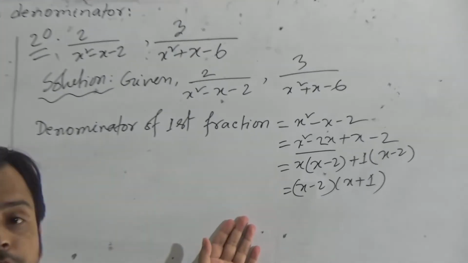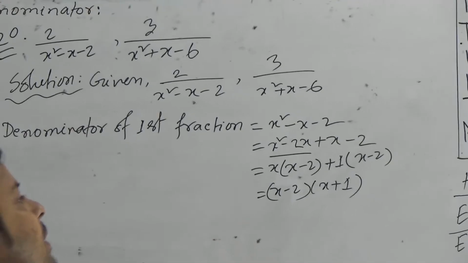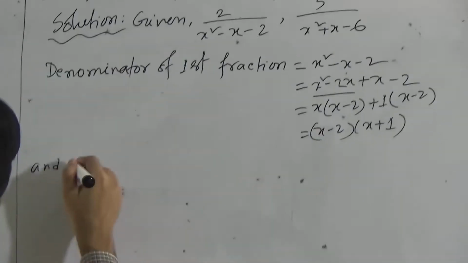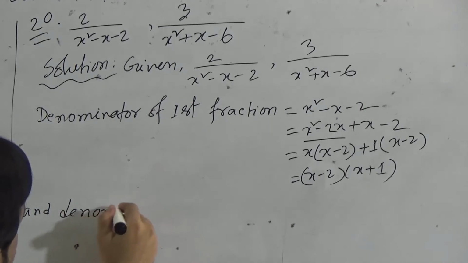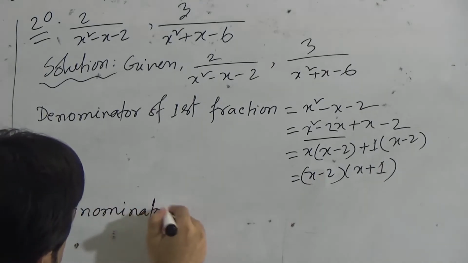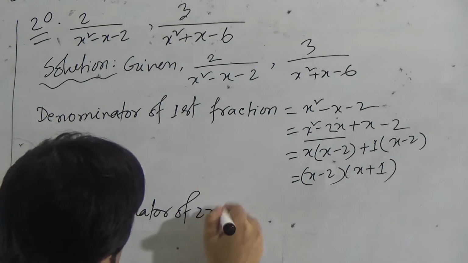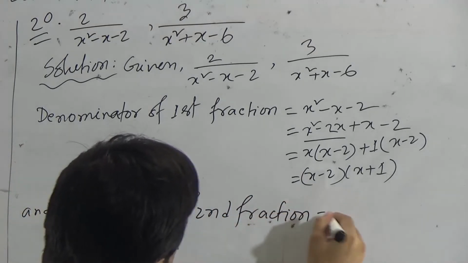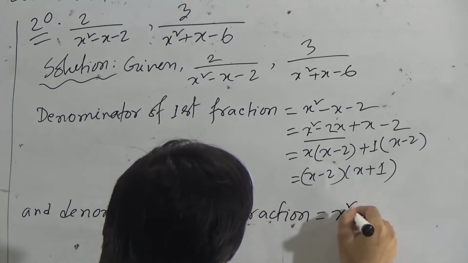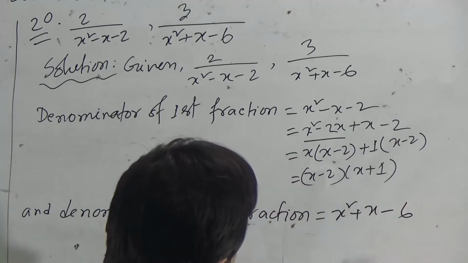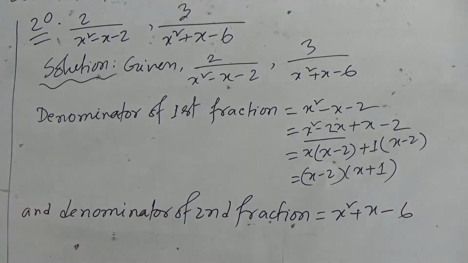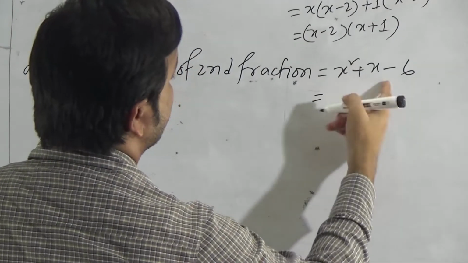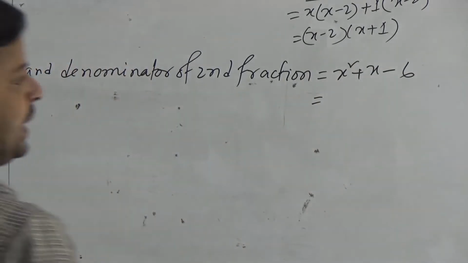This is our factorized form of the first denominator. Now the denominator of the second fraction is x square plus x minus 6. To factorize this, we can do the middle term here.